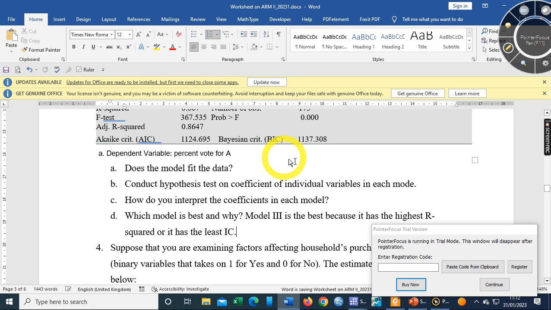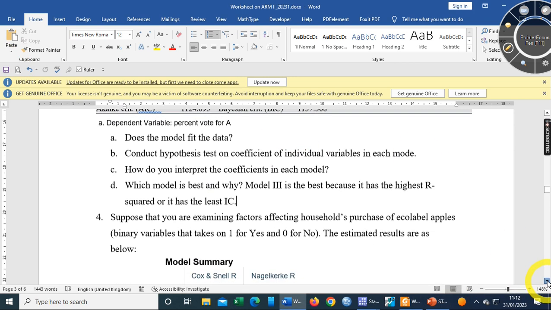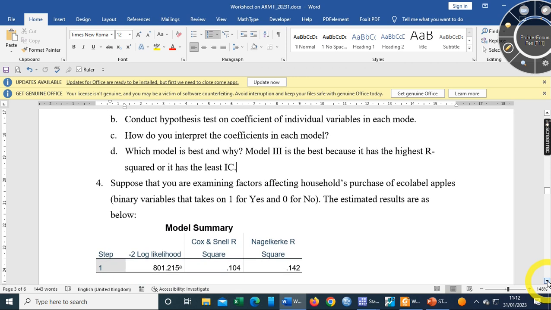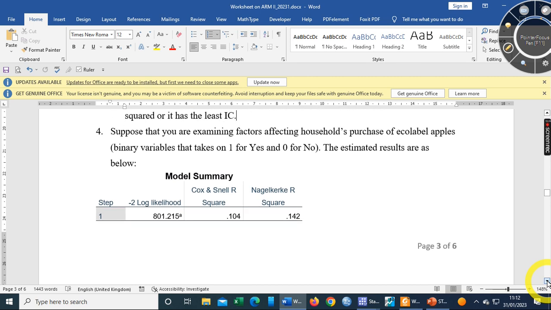ስለዚህ ሶስተኛው ሞዴል የተሻለ ሞዴል ሆኖ ተገኝቷል ማለት ነው። This is all about the multiple linear regression model, and now let's come to the binary logistic regression model.